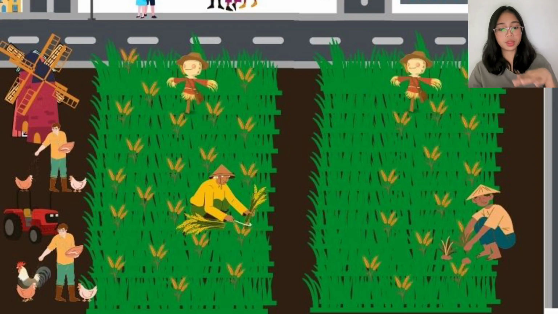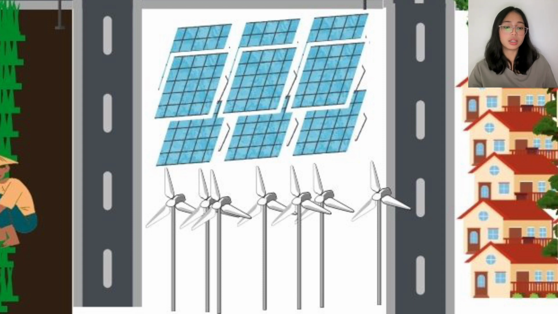And below the residential area and the water treatment area, we have the farming or gardening, where our food would come from. The next is the right side of the farm. We can see the solar panels and wind turbines, where the electricity source is located.